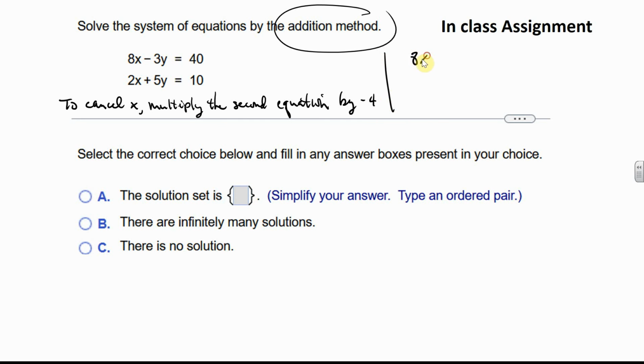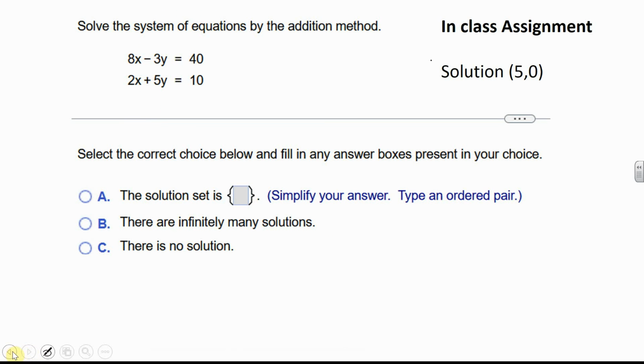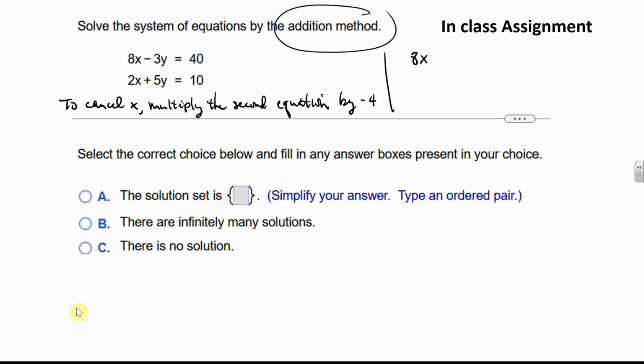Okay. So I have here 8x, just writing the first equation, minus 3y equal to 40.